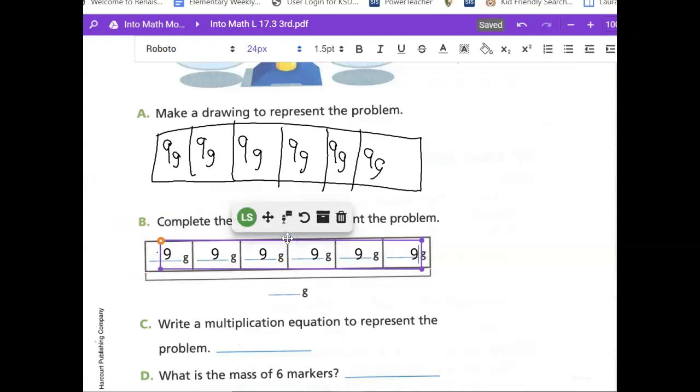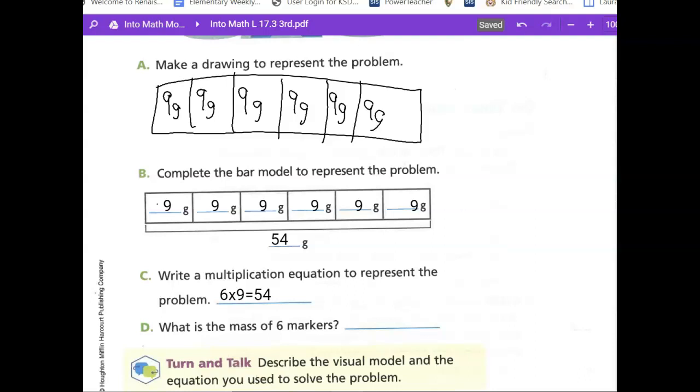So what is 9 times 6? 54 grams, right? A multiplication equation. So we have 6 markers times 9 grams each equals 54.